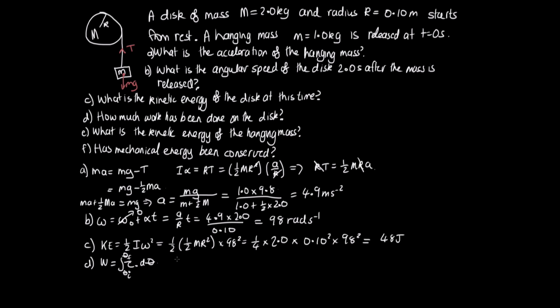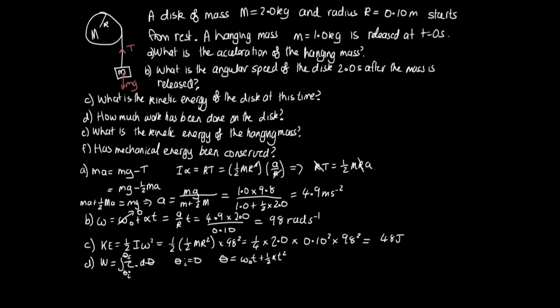Okay, so theta initial we'll take as 0, and then we need to calculate the total angle through which it's moved in order to get our theta final. In order to do that, we can use our equivalent equation to s equals ut plus a half at squared, which tells us that theta is equal to omega naught t plus a half alpha t squared.